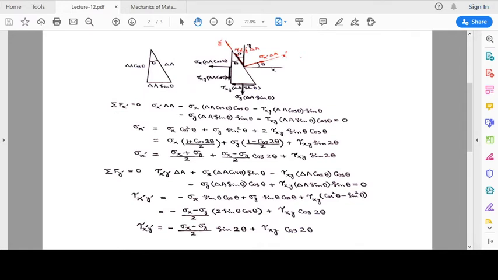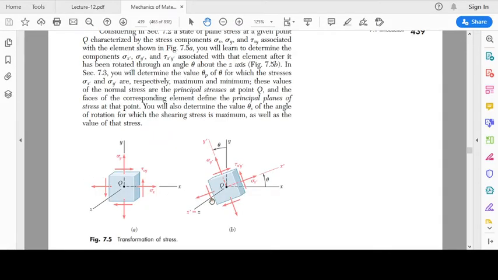Let me show you the figure of the book again. So we are considering this portion of the triangle. If we rotate this through some angle, then the oblique plane is going to be making some angle with the vertical plane, or if we are talking of the top plane, then the oblique plane is going to be making some angle with the top plane.